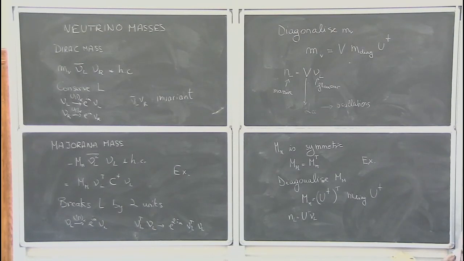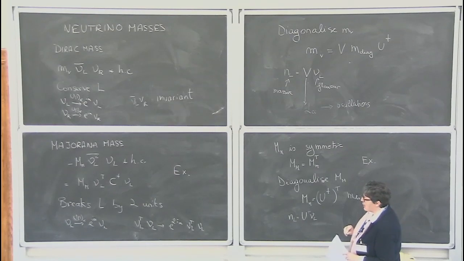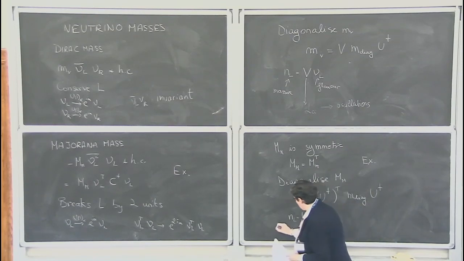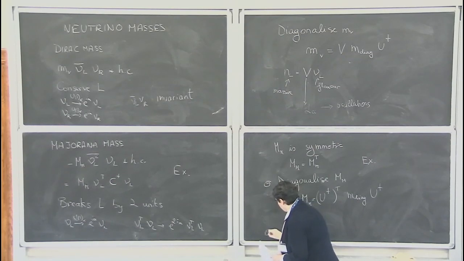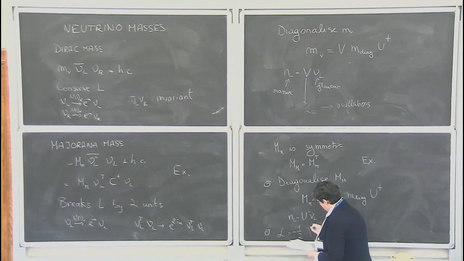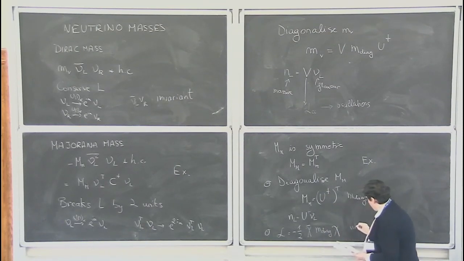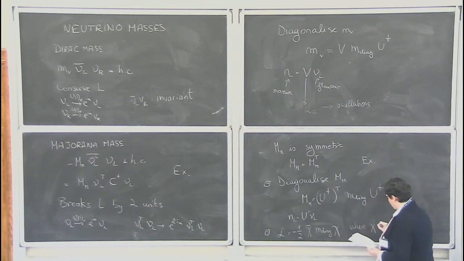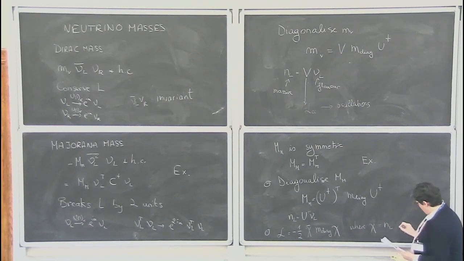It's interesting that I can rewrite that mass term in the Lagrangian in the following way. My Lagrangian can be rewritten as minus 1/2 χ bar, the diagonal mass term, χ, where χ is defined in terms of the massive fields as n left plus n left c.